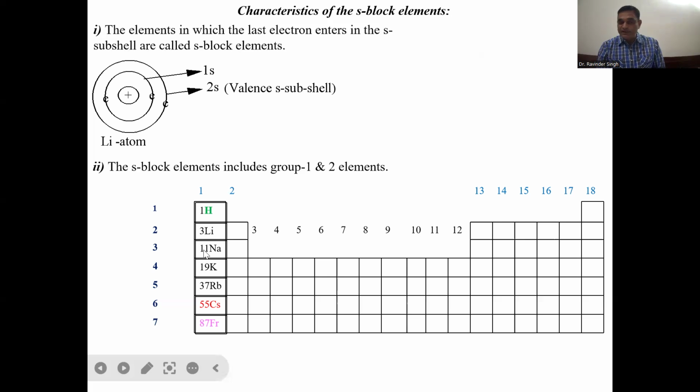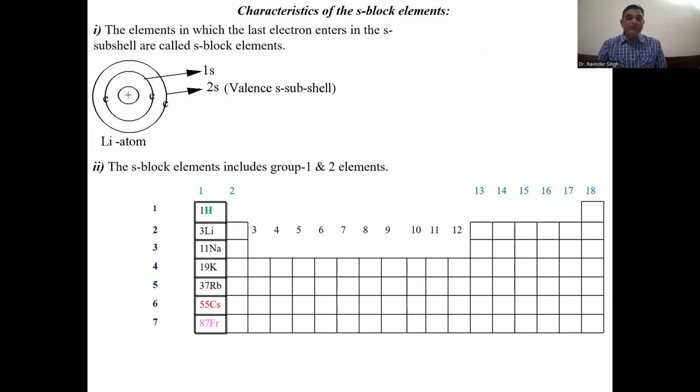After that, again a gap of 8, 11 plus 8 is 19, so the atomic number of potassium is 19. After that, a gap of 18, 19 plus 18 is 37, so the atomic number of rubidium is 37. Again, 37 plus 18 is 55, the atomic number of cesium. Then a gap of 32 gives 87, the atomic number of francium. So through these magic numbers, we can learn the atomic numbers of these elements.